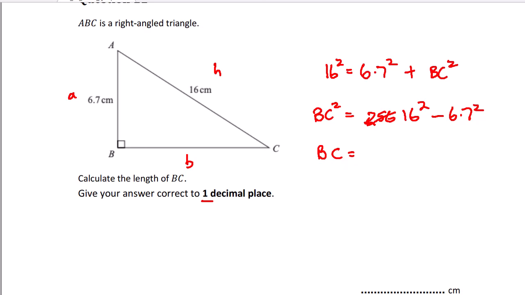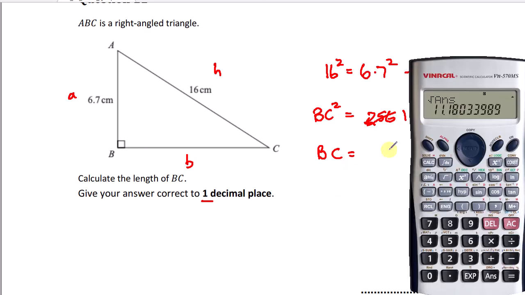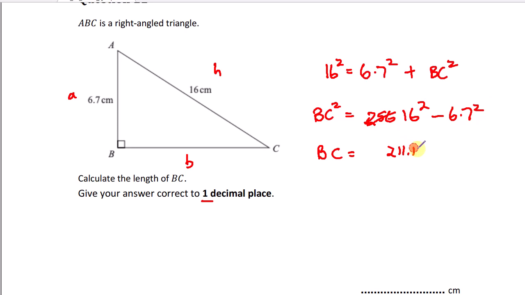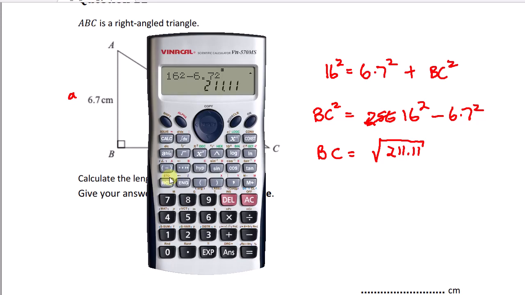is, use the calculator to calculate the values. So I've got 16 squared minus 6.7 squared. And that's 211.11. And we want to square root it. So square root my answer.